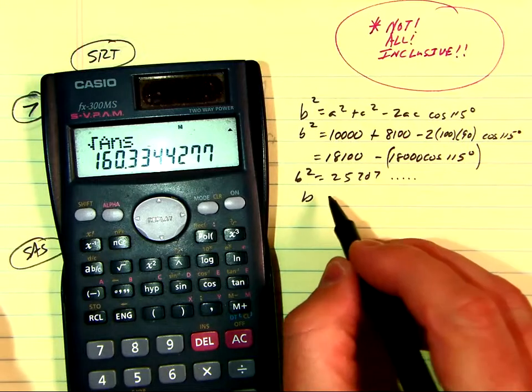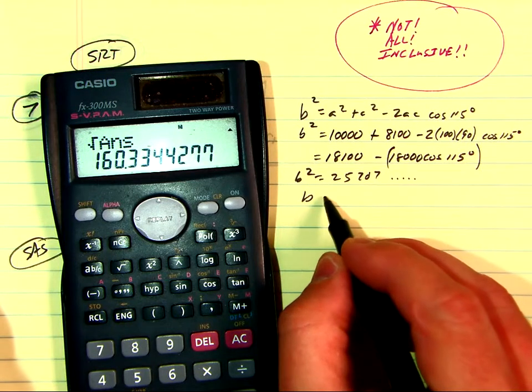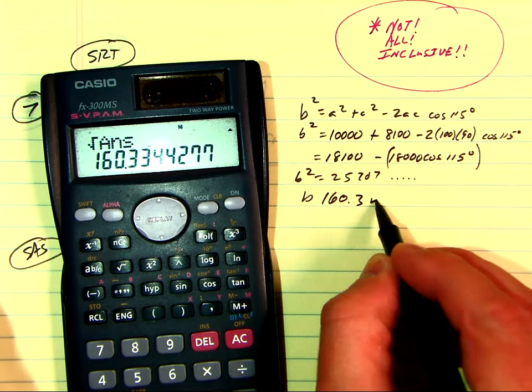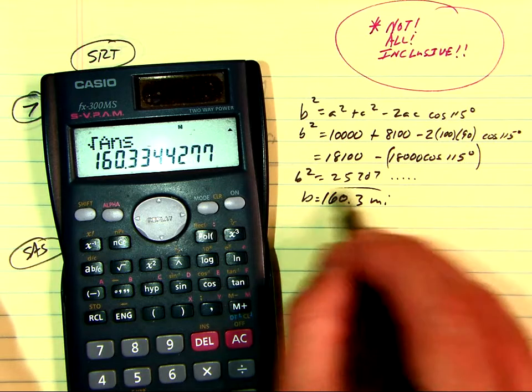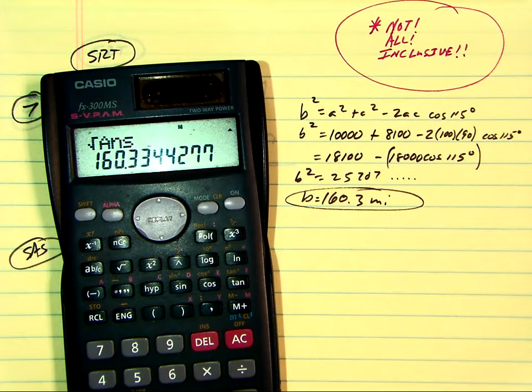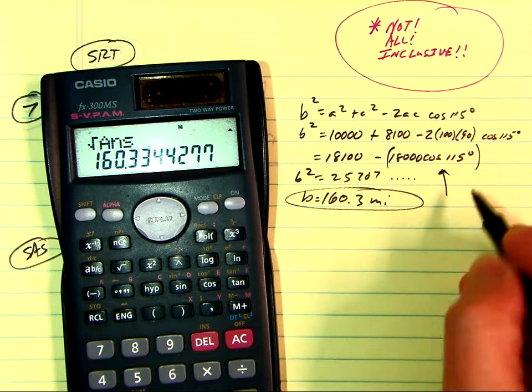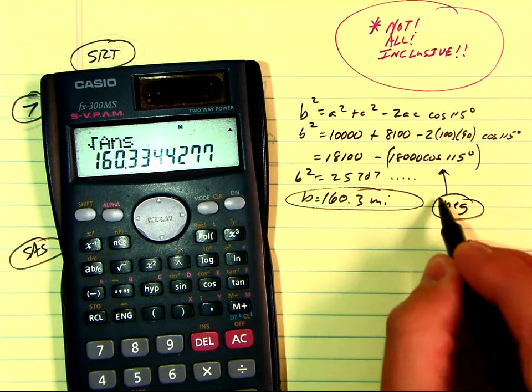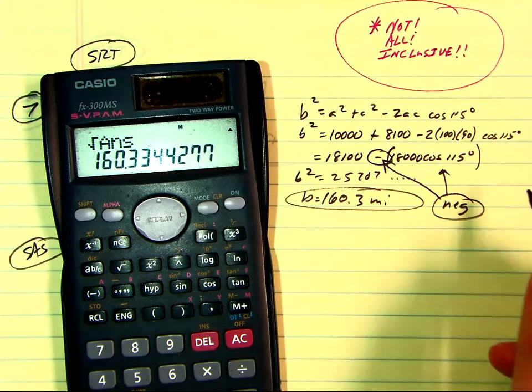So to the nearest tenth, it looks like airport A to C is 160.3 miles. Any questions on that? Remember, this part right here being a negative value changes the sign of that one to positive. That's how students are going to screw up if they're not watching this video or not doing it properly.